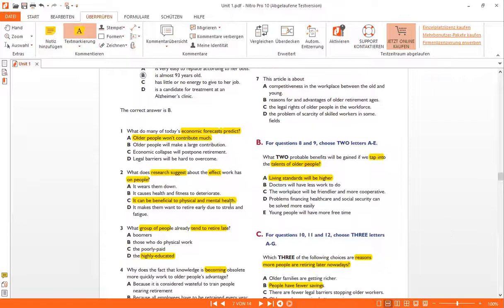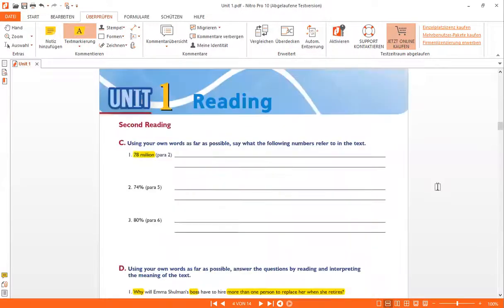Number 2, what does research suggest about the effect work has on people? So your keywords would be research suggests, effect, and then on people. So the effect of work, you can also add work to it, but the word work appears many times, so it becomes problematic. But the main keywords are effect and then research suggests and on people.